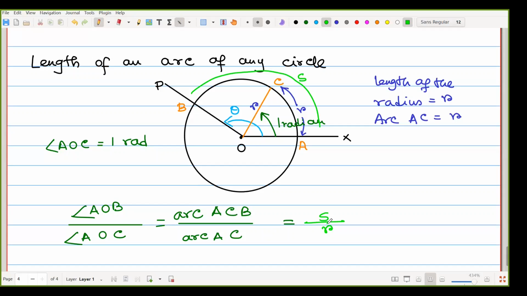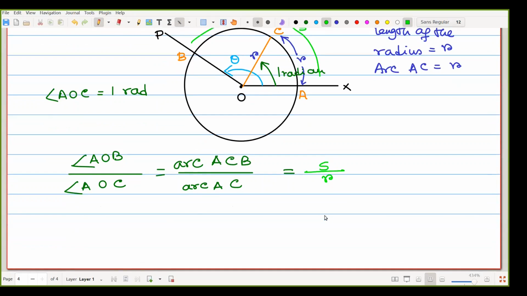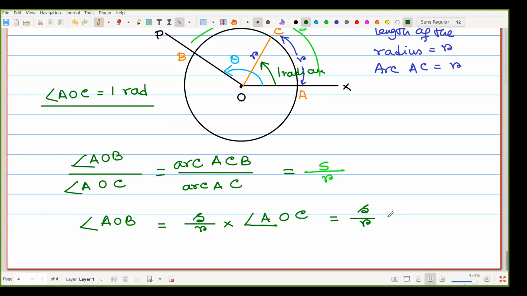The arc is R. So we can write from here that angle AOB is equal to S by R into angle AOC. Now we know angle AOC means 1 radian. So we can write it as S by R radian, because S by R into 1 radian means S by R radian.